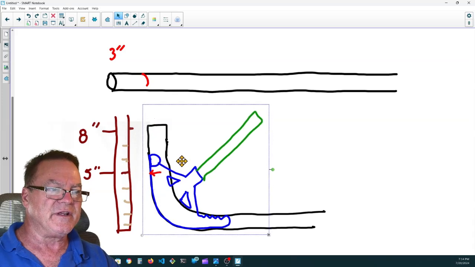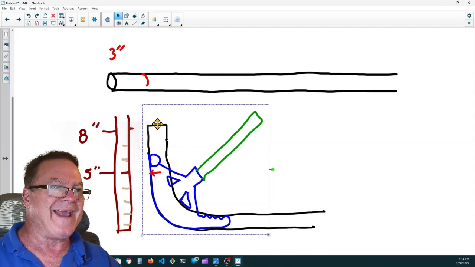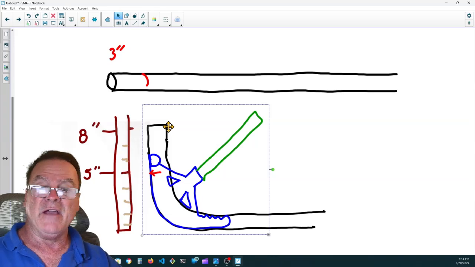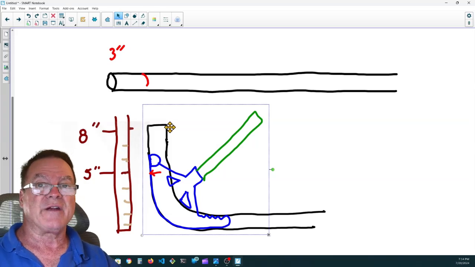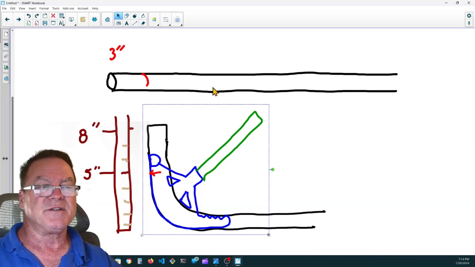I know this isn't to scale, but we'll end up with an 8-inch 90 if that's what we wanted. If we want a 10-inch 90, subtract 5, mark it at 5 inches. If you want a 12-inch 90, subtract 5, mark it at 7.